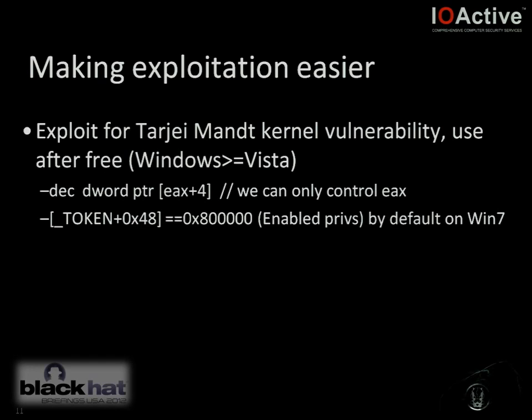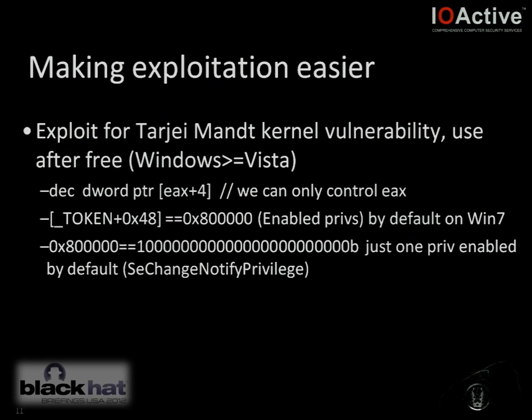So by default, when you run a process on Windows, at offset 84 in hex on the token structure you have this value, 80000 in hex, which is in the enabled privileges field of the token privilege structure.